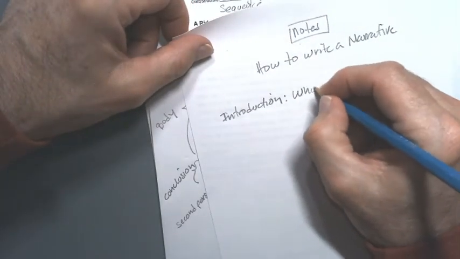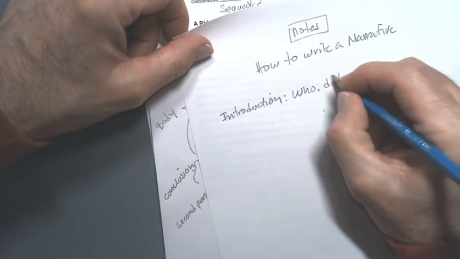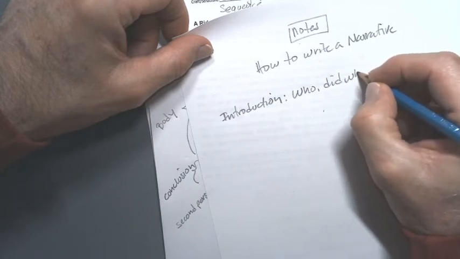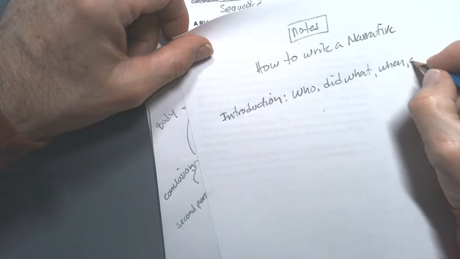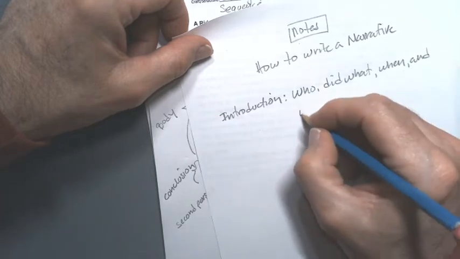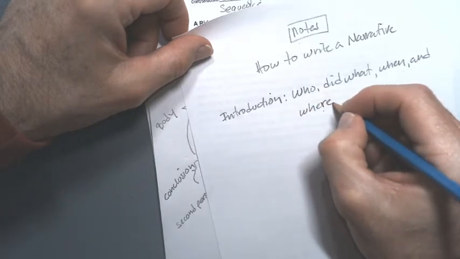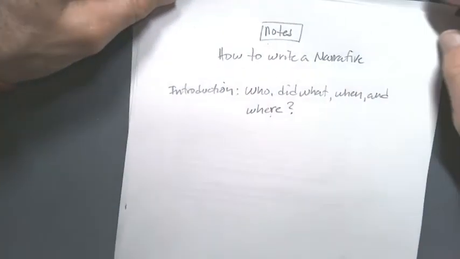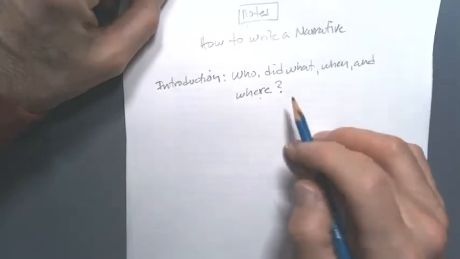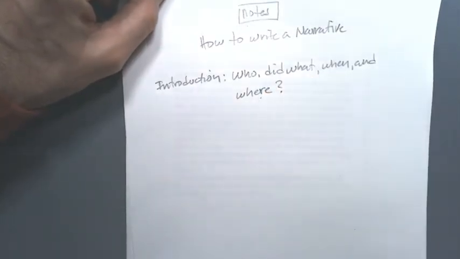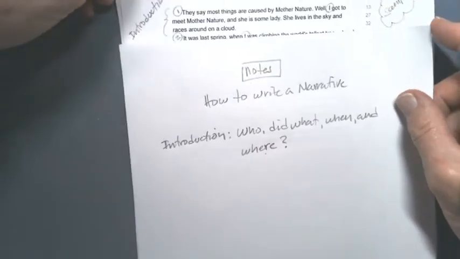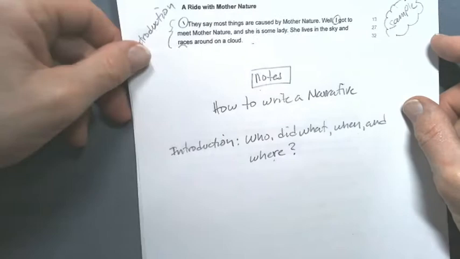Who did what, when, and where. If you have these parts in your introduction, you have created a great introduction. Let's see how well this author answers these questions in the introduction here, okay?